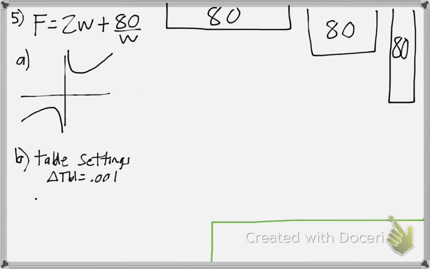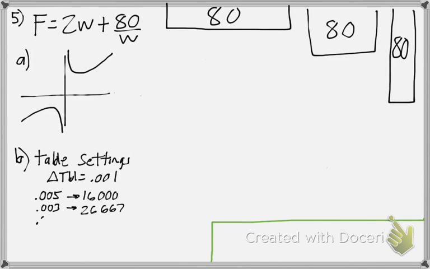And if we plug in something like 0.005 into the function, then we get 16,000. If we plug in 0.003, then I get 26,000.